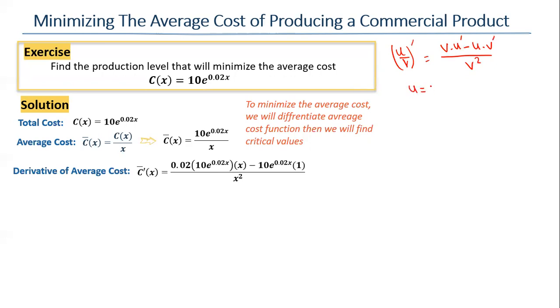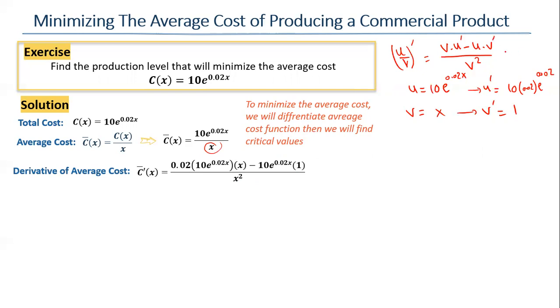u is 10 e to the power 0.02x. So u prime equals 10 times the derivative of the power, 0.02, times e to the power 0.02x. v equals x, so v prime equals 1.